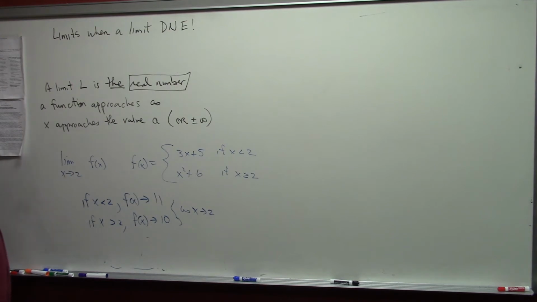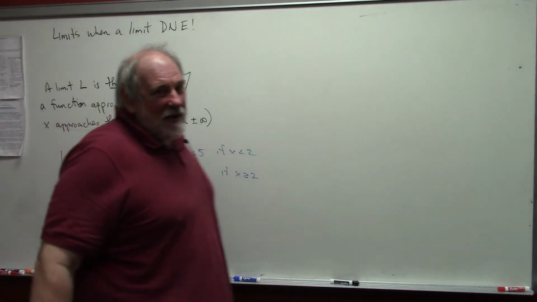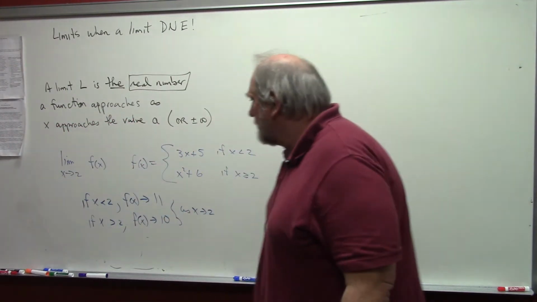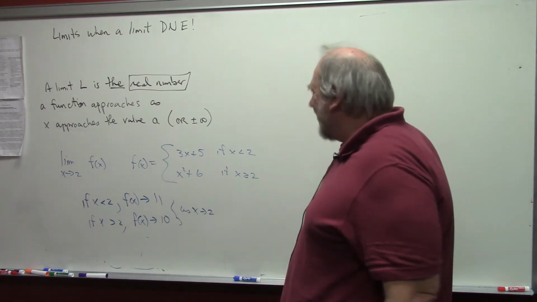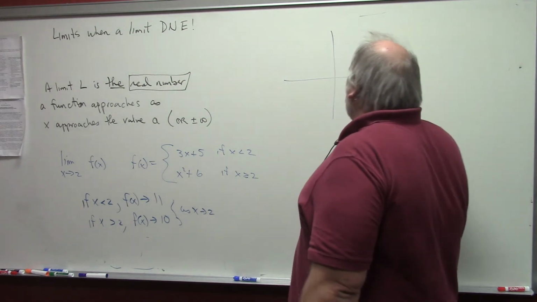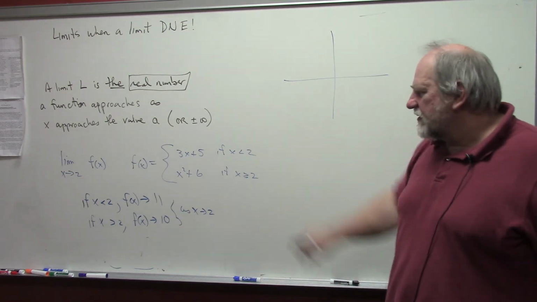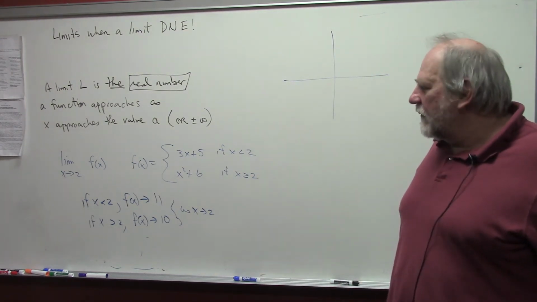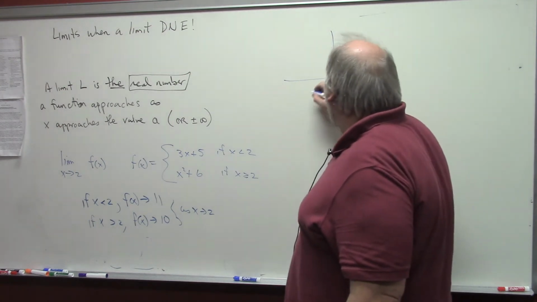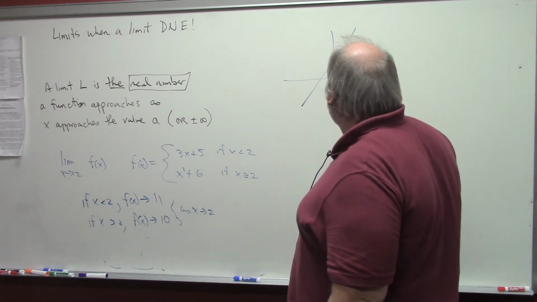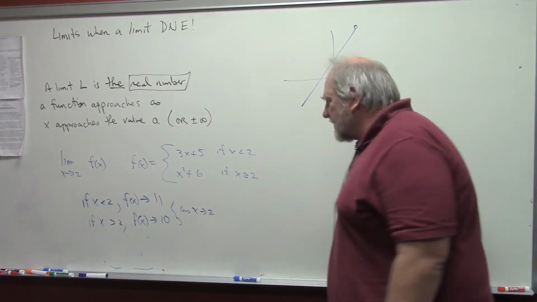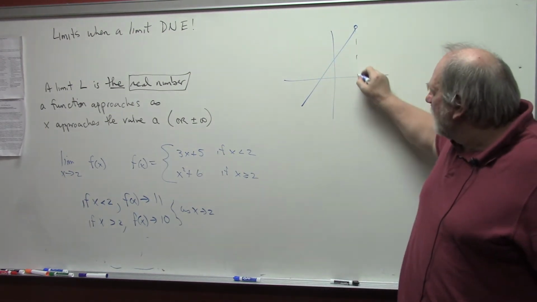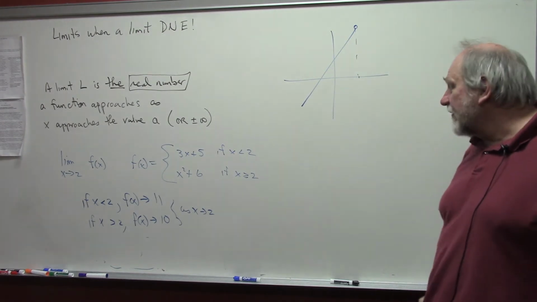From one side, my functional value is approaching one thing. From the other side, my functional value is approaching something else. This is a very rough sketch of this function. The first part is a line with slope 3 and y-intercept 5, and it looks something like this. And this is the value 2. On this side, my functional value is approaching the number 11.